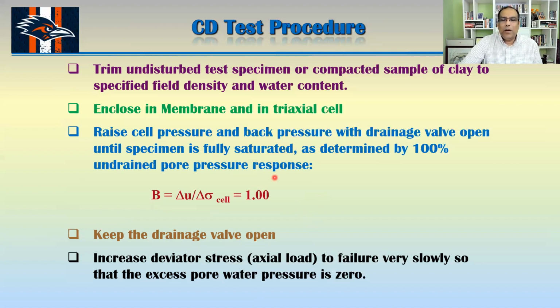Once your pore water pressure is zero, which means 100% consolidation has occurred, then you can start increasing your deviator stress using an axial load to failure very slowly, so that again the excess pore water pressure is also zero. Okay, so that's basically your test.